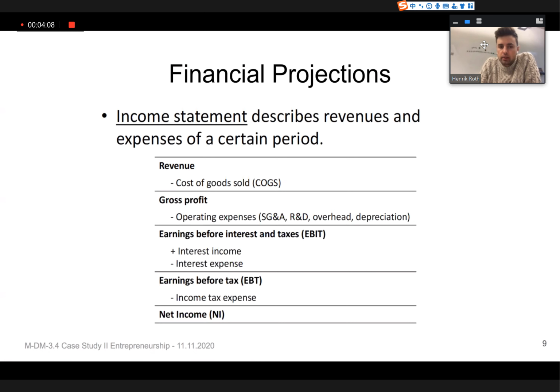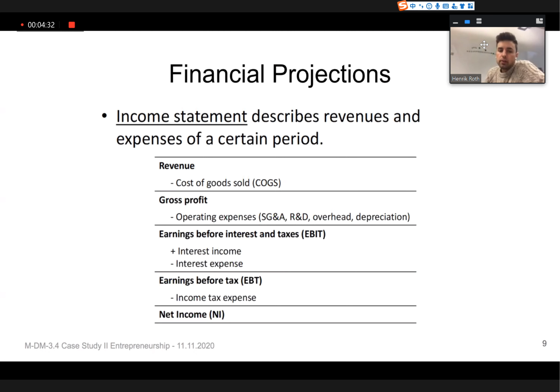If you subtract the operating expenses from the gross profit, you get the EBIT, the earnings before interest and taxes. This is the most often mentioned number when you look at public companies on the stock exchange. So this is basically your profit before you pay the taxes.